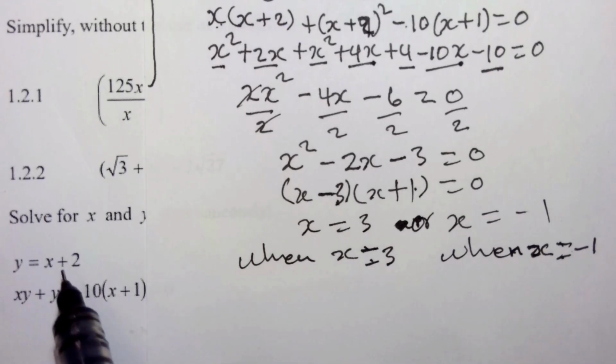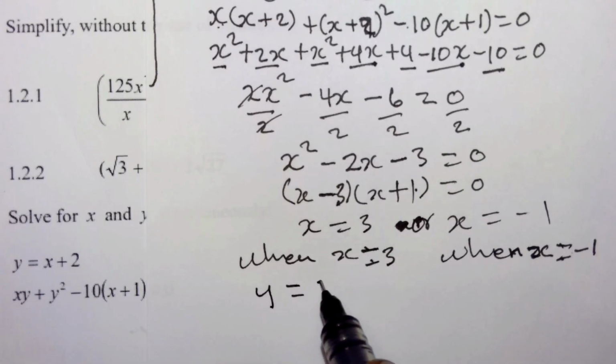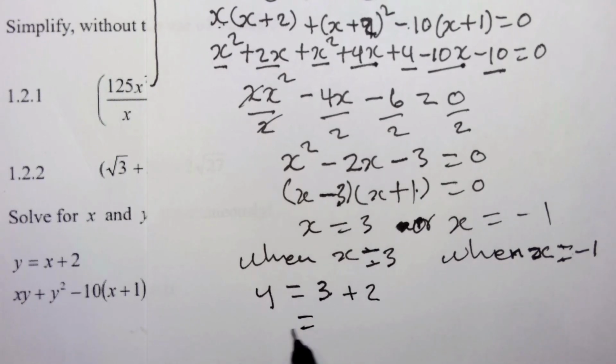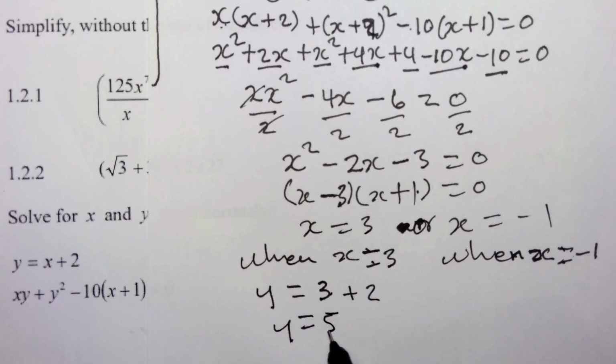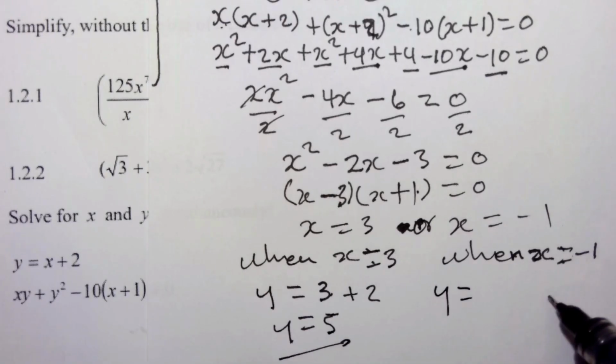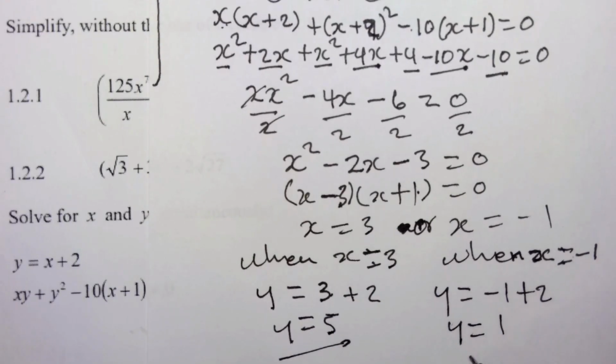So we use this equation. Y will be equal to 3. We are putting, remember, the value of x here, plus 2 will be equal to 5. This is the value of y when x is 3. And then here, when x is negative 1, y will be equal to positive 1, as you can see.